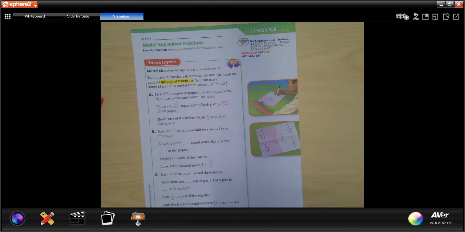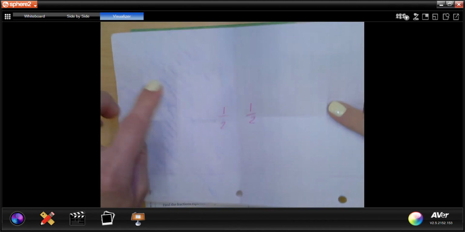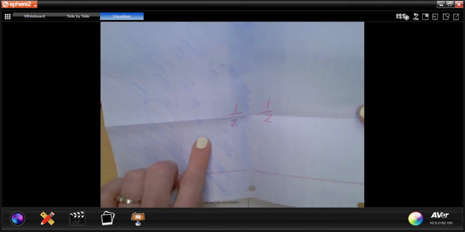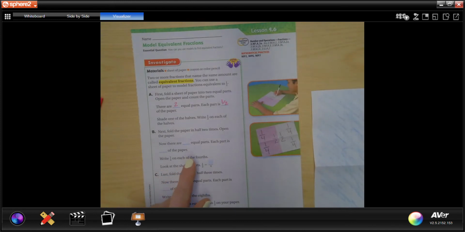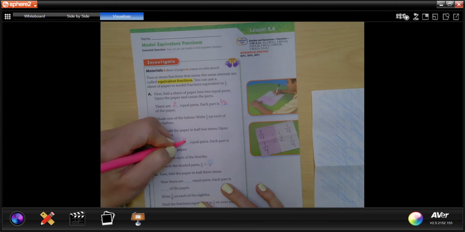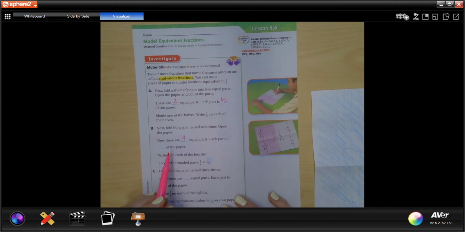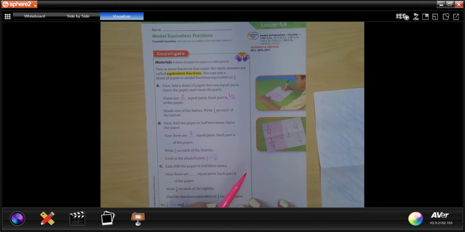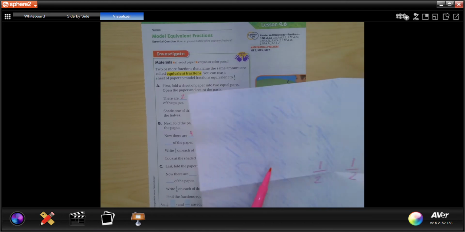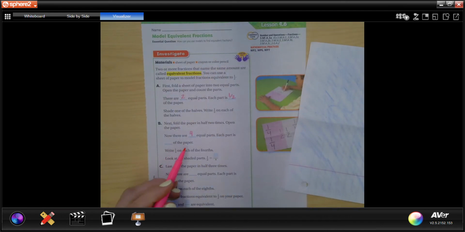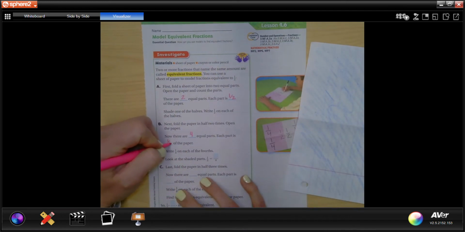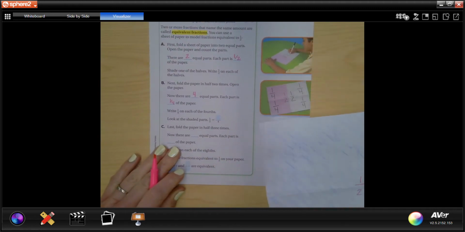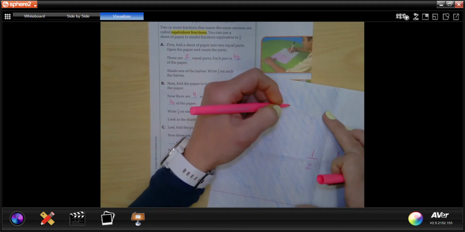Now there are how many equal parts? 1, 2, 3, 4. Now there are 4 equal parts. Each part is, well, what's our denominator? It is now 4 because there are 4 equal parts. So each part is 1/4 of the paper. Write 1/4 on each of the fourths.